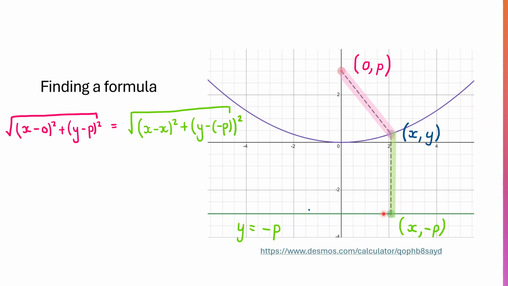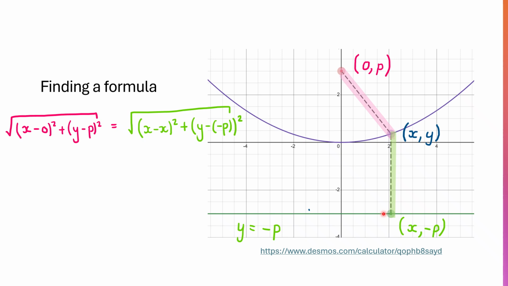So here we have (y plus p) squared. Now all we need to do is simplify. This is what describes what's going on on our curve for that specific point (x, y). So if we can take this equation and simplify it to something nice, that is actually the equation that describes the parabola itself.